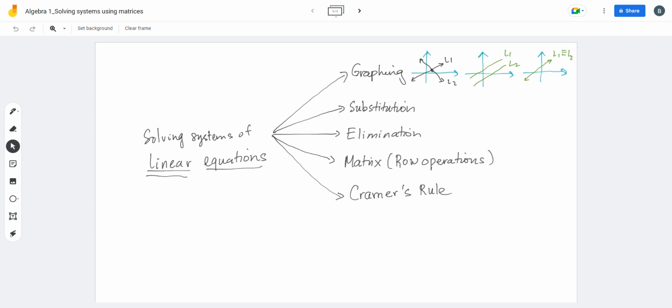The third method is elimination. As the name indicates, you try to eliminate, to cancel one variable so that you can solve a very simple equation with one variable, and then you plug that variable into one of the two equations to solve for the other variable.